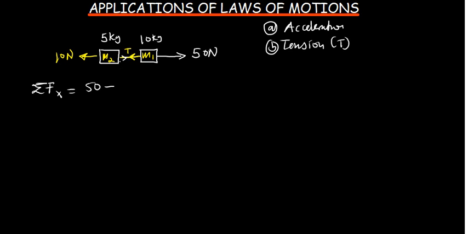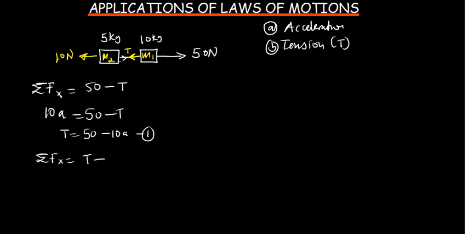Net force still is mass times acceleration, but the mass is 10 multiplied by acceleration, which you don't know, that is going to be equal to 50 minus T. Take T the other side, so T is going to be equal to 50 minus 10a. So that is equation 1. But for the second one, M2, the net force in the x is going to be the forward force due to the tension, minus the backward force.